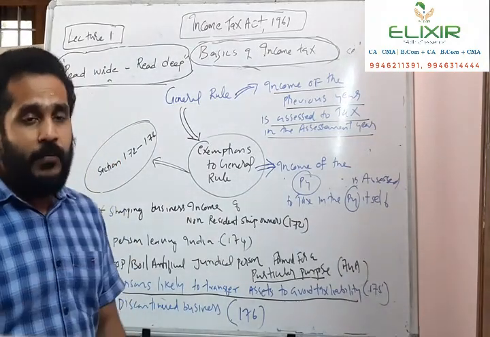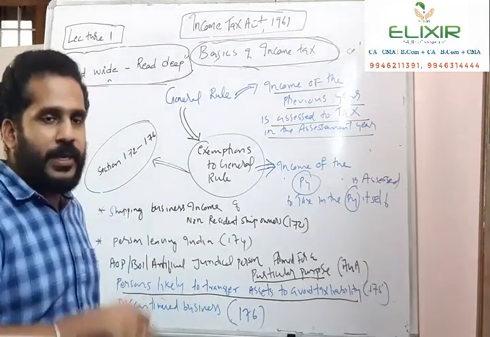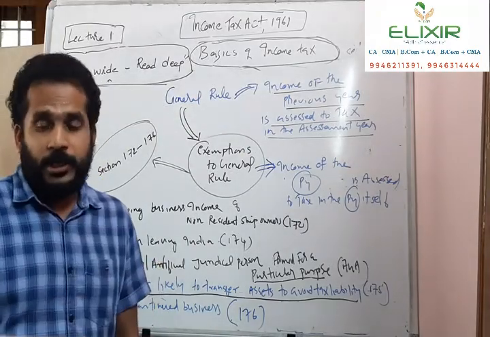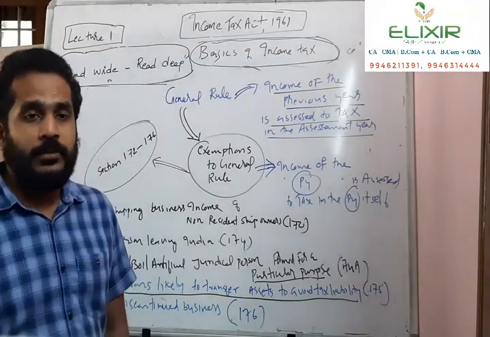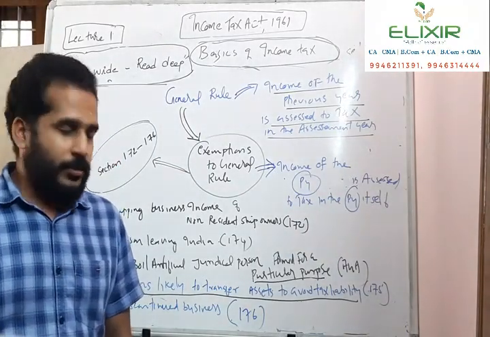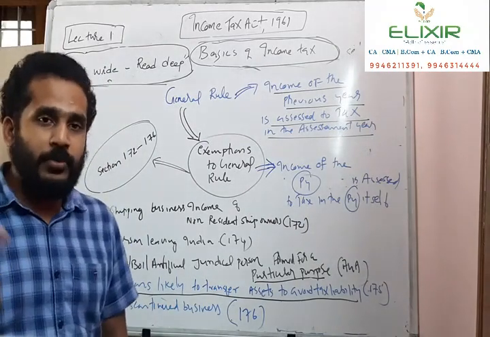I am receiving income which is clubbed with my other income also. I am paying tax. My income exceeds 3 lakh. So I am thinking of transferring this property to another person's name, and that person, even if he receives the rent of the property and clubs it with his own personal income, is not subject to tax.